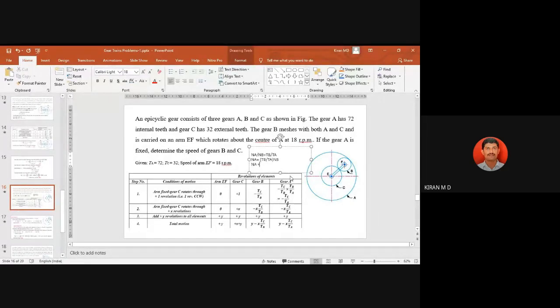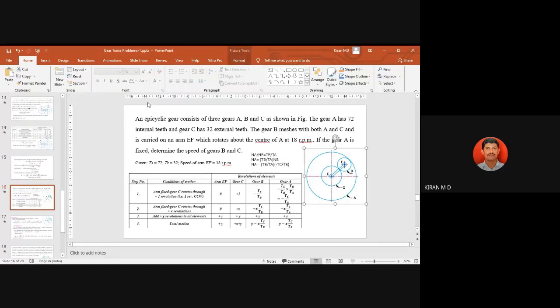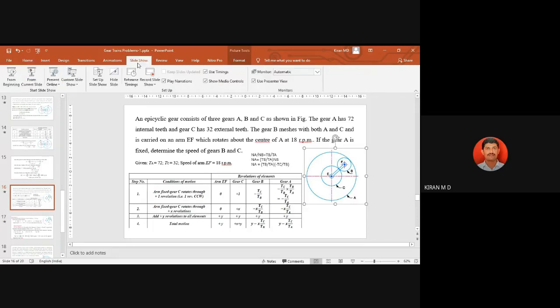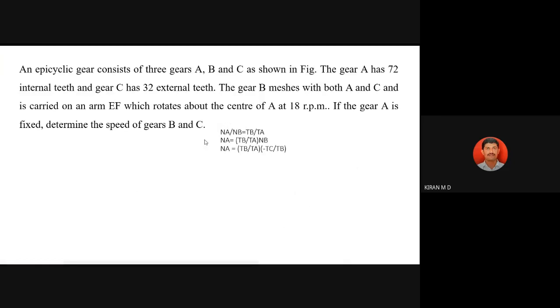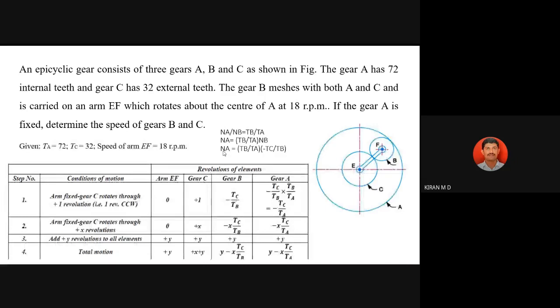NA is equal to TB by TA into minus TC by TB. Have you got this? How are we going to get this one? Audible?